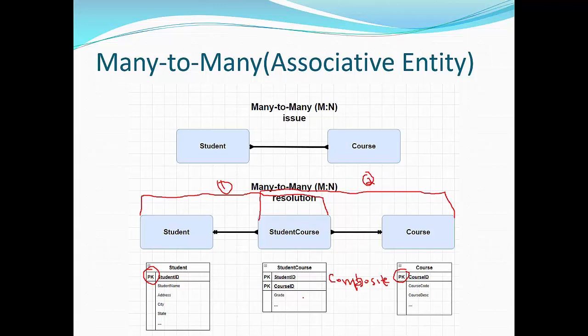But once your business rules tell you that two entities are related, then you have to determine what the cardinality is. And in determining what the cardinality is, what you want to do really is to make sure that you can break down the cardinality into as many one-to-many as possible. That's actually the goal of your cardinality.